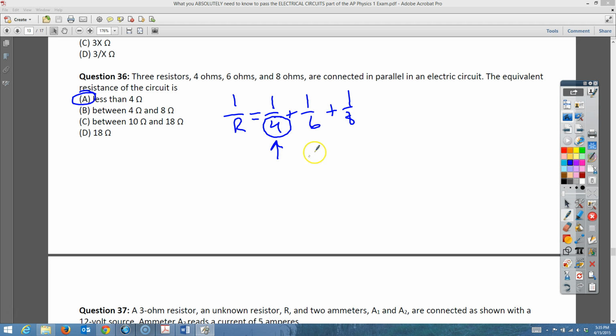But to prove that, let's do a common denominator. Common denominator would be 24. So this would be 6 over 24 plus, here we've got 4 over 24 plus 3 over 24. 6 and 4 is 10, plus 3 would be 13 over 24.